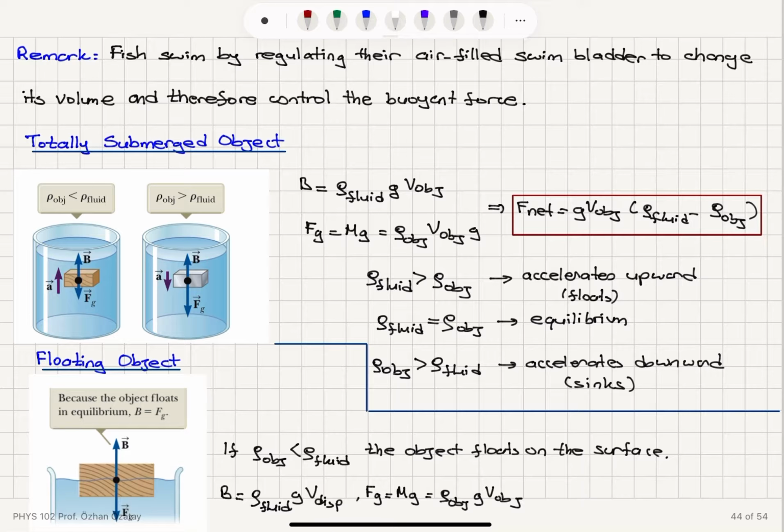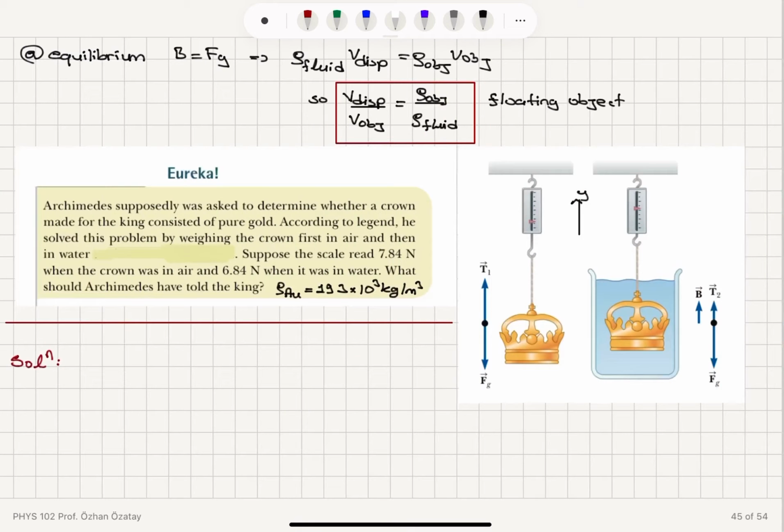weight of the fluid that is decreasing as the object goes upward beyond the surface of the fluid. And at the point when B is equal to Fg, it will stop, so it will be in equilibrium. All right, so at equilibrium, buoyant force is equal to Fg, so we will have rho fluid V displaced equal to rho object V object.